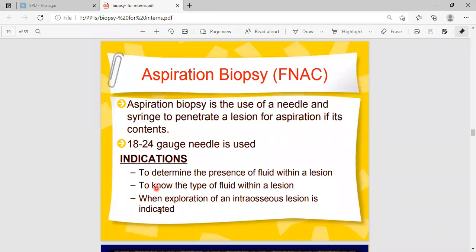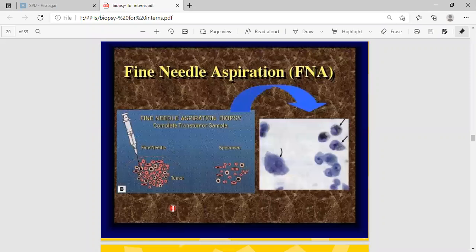Whenever you see radiologically that there is an intraosseous lesion, you need to aspirate it first. So this is how you do the aspiration, and then you put it on the slides. There is an examination slide, and you prepare the smear and check it after the staining.